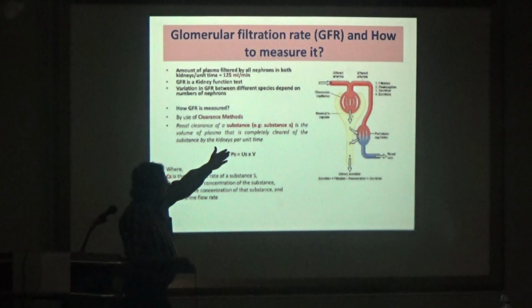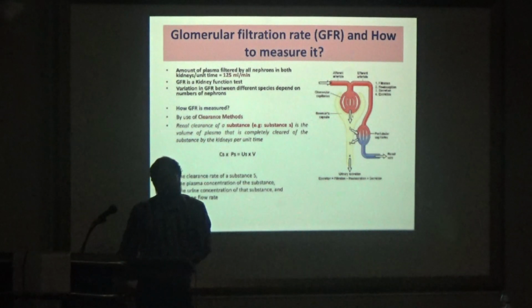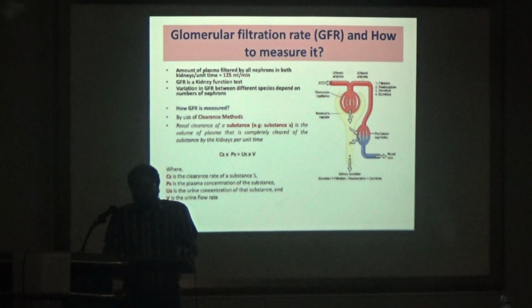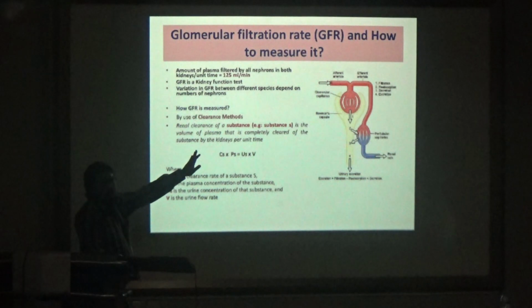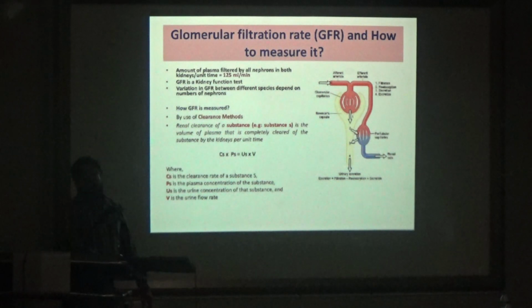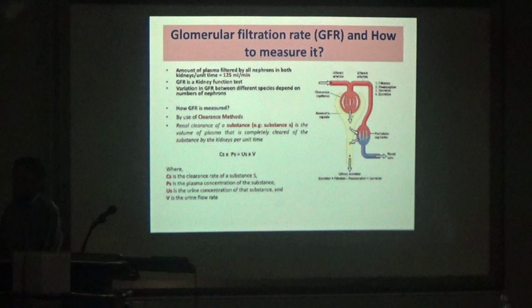This drug filters out. Filtration is process number 1 in the diagram. This drug is filtered out. This drug is not reabsorbed. Reabsorption is process number 2. This drug is not secreted.